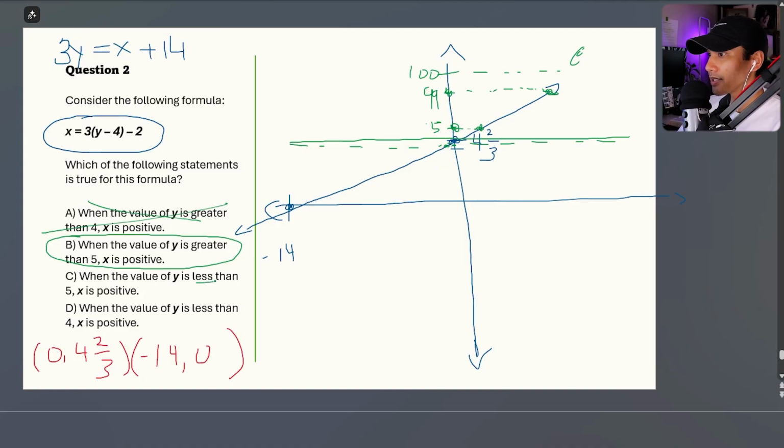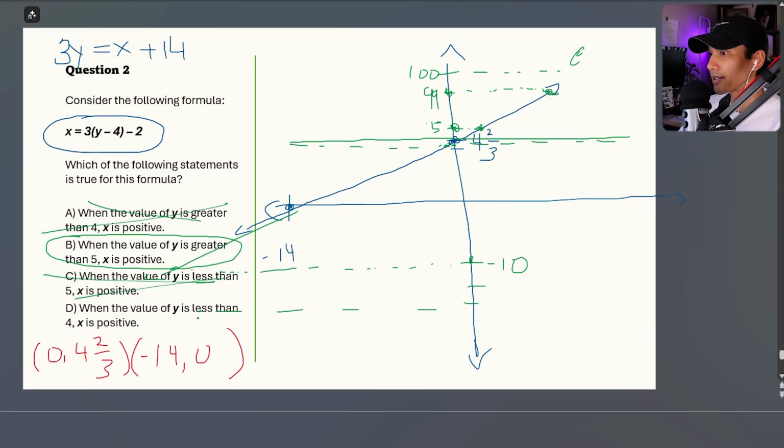Let's choose this point right here, and say that this is negative 10. It doesn't go this way and meet up with the line. No, we have to go this way, and then we see that when it finally touches, it becomes negative, and it stays negative all throughout. It doesn't become positive, so this is incorrect.